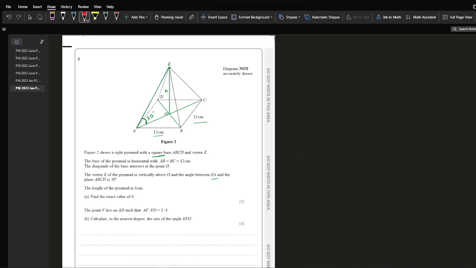We have to get it from one of the triangles. Which triangle do we choose? Because there are so many triangles we can make. One is AOE, obviously.